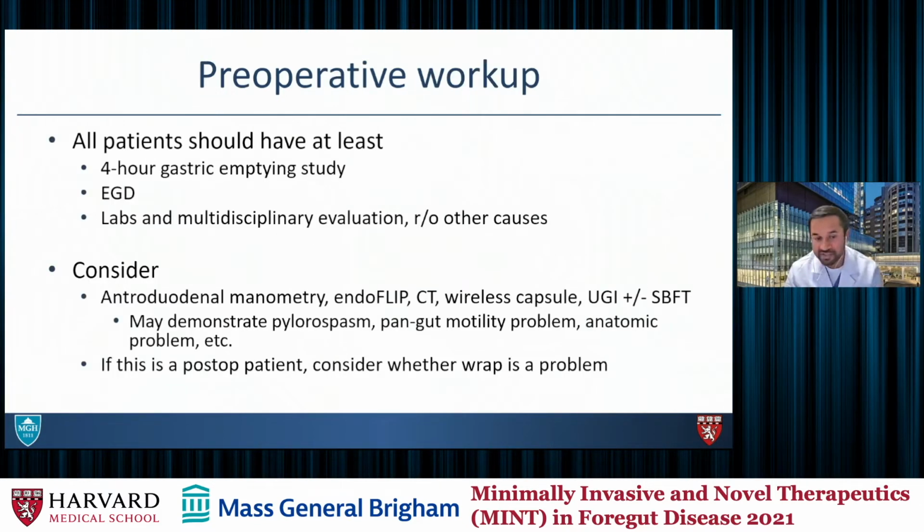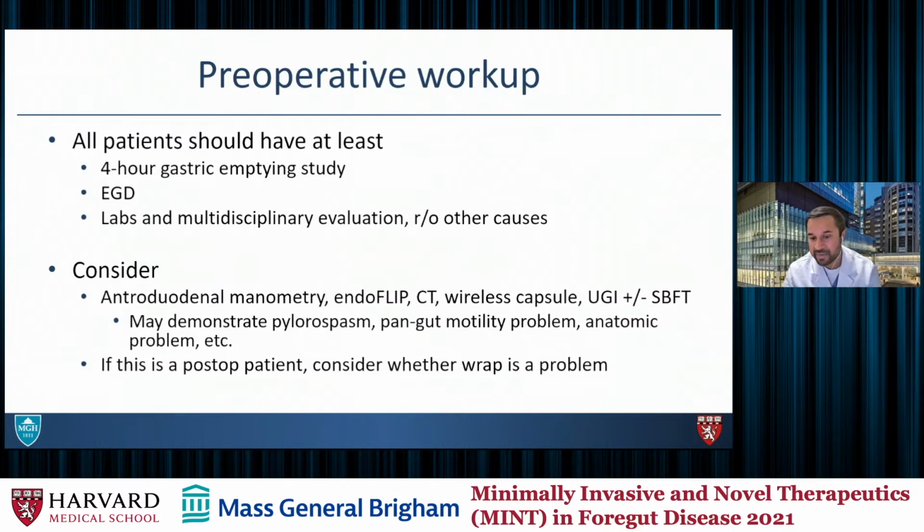Before any surgical or procedural option, there needs to be an extensive preoperative workup. All patients should undergo a gastric emptying study. They should undergo an EGD as well as labs to make sure they don't have any diagnosis of diabetes or any abnormalities that can be amenable to treatment. And the patient needs to be presented in a multidisciplinary evaluation fashion. We can also consider antroduodenal manometry, an EndoFLIP that Dr. Krishnan mentioned, CT, wireless capsule, upper GI, or small bowel follow-through.